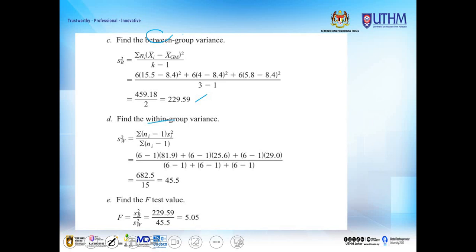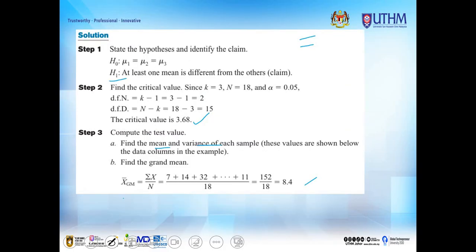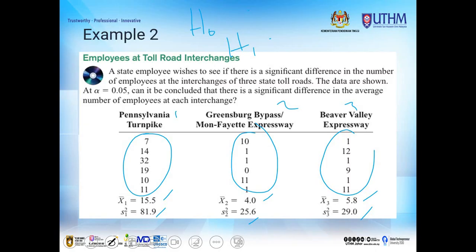Within the group, apply the formula: n minus 1, which is 6 times 81.9. This 81.9 we already calculated previously, so you don't have to refer here. This one is already given. If let's say in your exam they didn't give it, you can try to calculate it yourself.